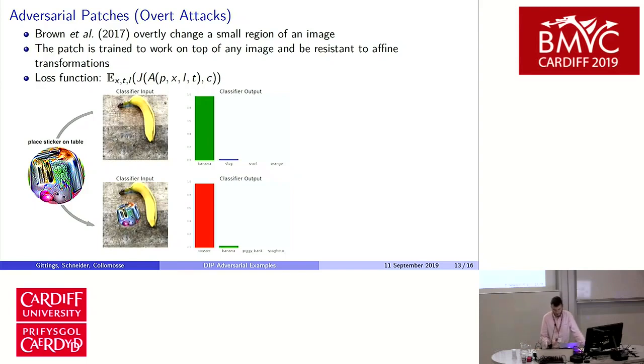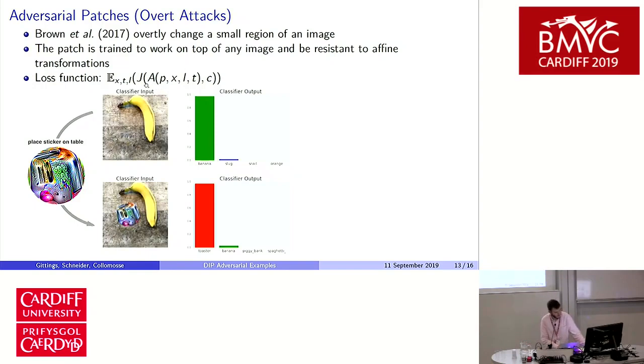It will work on top of any image, at any location, at any size, and with any rotation you want to apply. So the idea being you could print this out and stick it in the real world, in principle. The way they train this, they're just perturbing the pixels of the patch, analogously to how we perturbed the pixels of the image before.